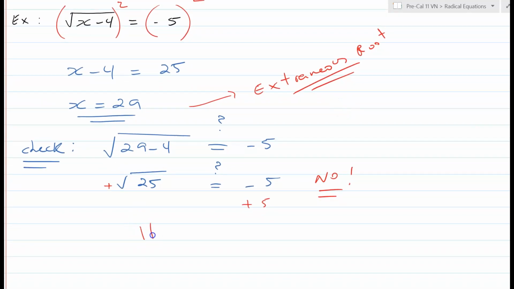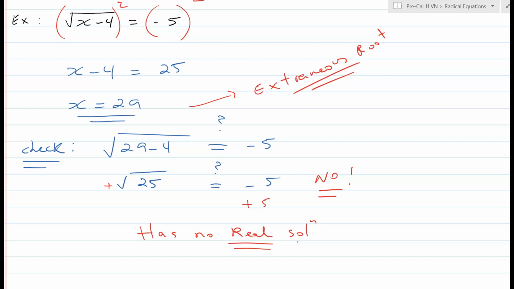So this equation has no real solutions. Now when I say real, it is based on the set of all real numbers, because this equation does have a solution. It's based on the set of complex numbers, but that's beyond the scope of this course.